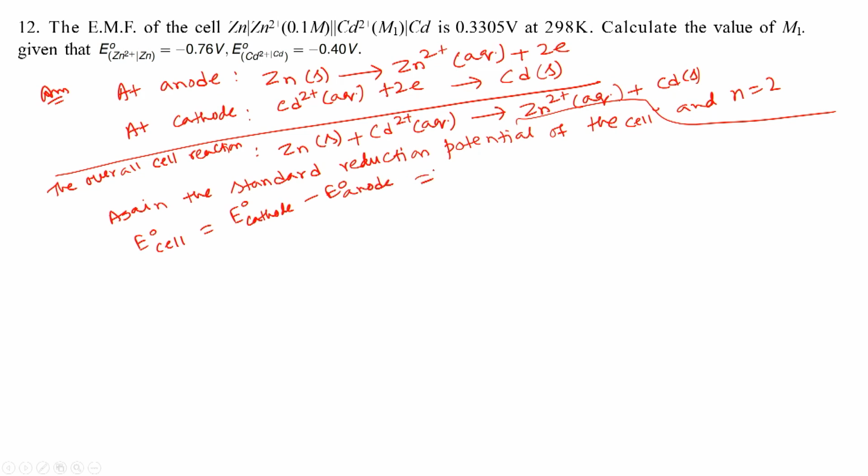E0 cathode is E0 for Cd2+/Cd, minus E0 anode for Zn2+/Zn. Now we substitute the values: minus 0.40 and minus 0.76. If we calculate, we get the value of E0 cell as 0.36 volt.